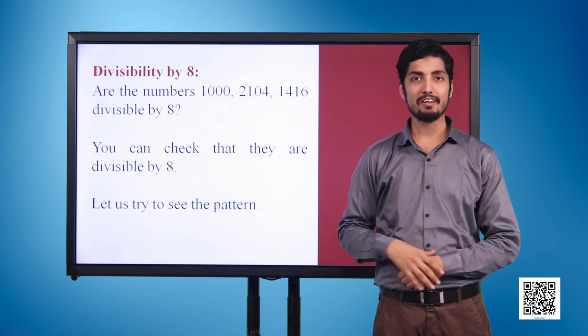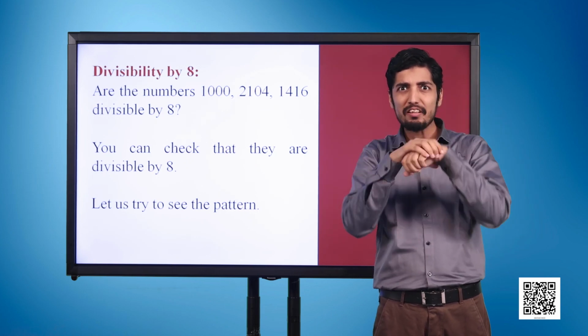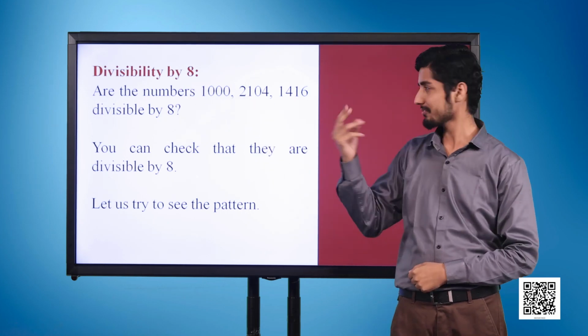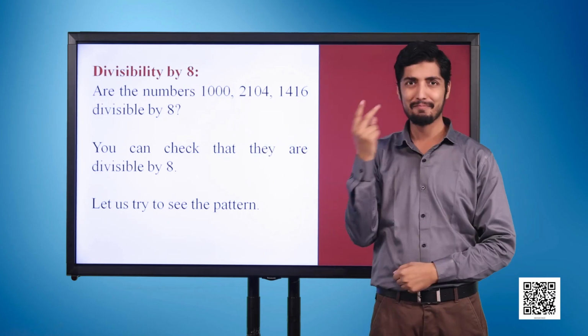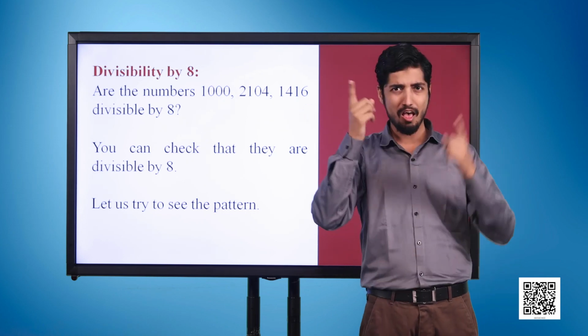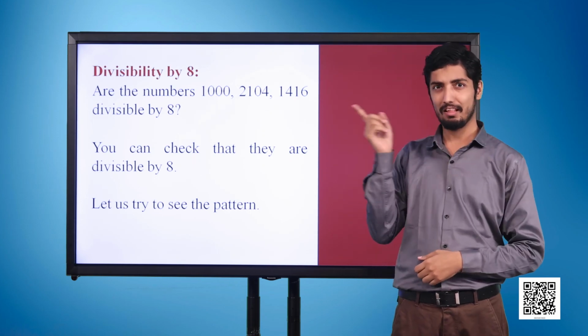Divisibility by 8. Are the numbers 1000, 2104, 1416 divisible by 8? You can check that they are divisible by 8.